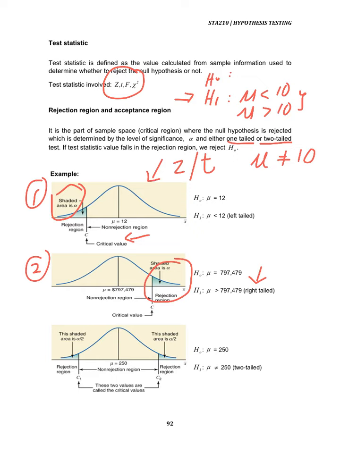Mungkin sekarang ni awak tak nampak, later on kita akan tengok lah. Okay, next, itu kalau right tail. What if kalau two tail pula? Two tail tadi saya kata kalau sign kita not equal kan. Kalau two tail, dia punya rejection region ada dua, di sebelah kiri dan kanan. So, kita akan decide untuk reject H0 kalau test statistik yang kita kira tu jatuh di dalam rejection region. Okay. So, this is how we want to decide whether to reject or not our null hypothesis.